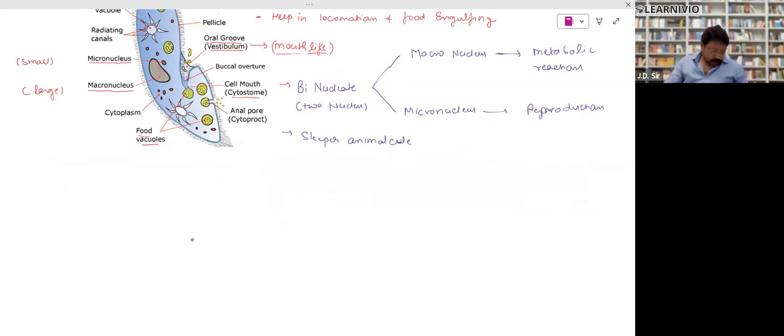First thing, they develop a number of cilia for locomotion. Second thing.